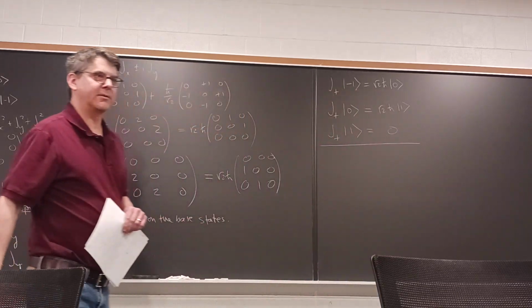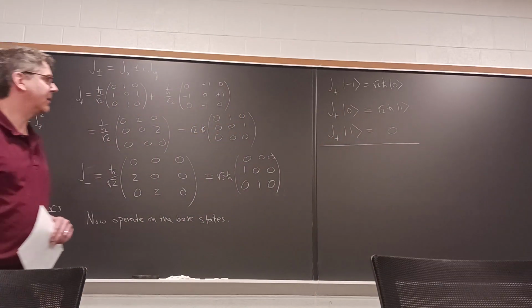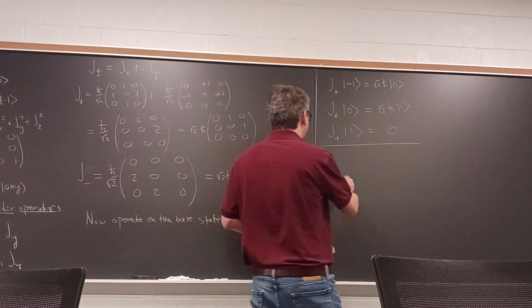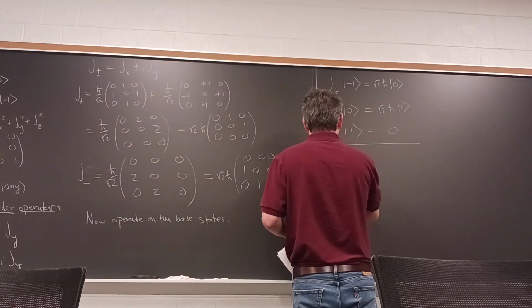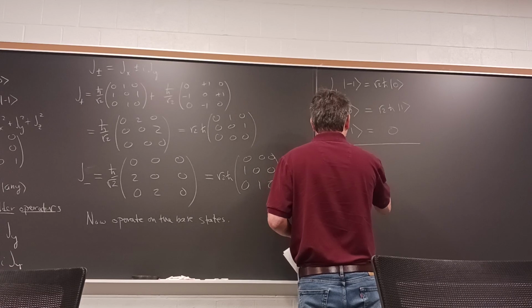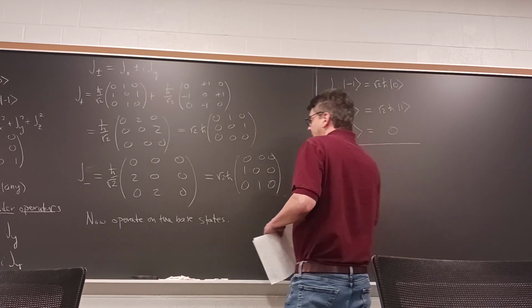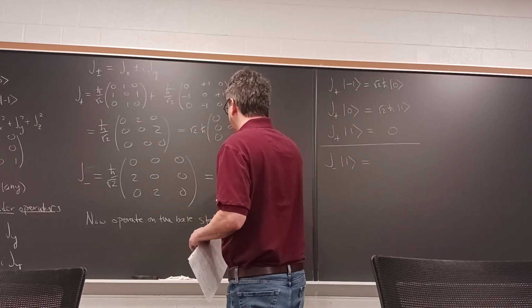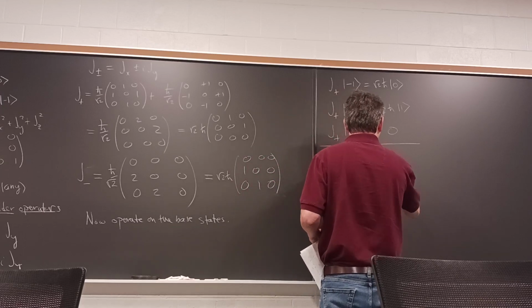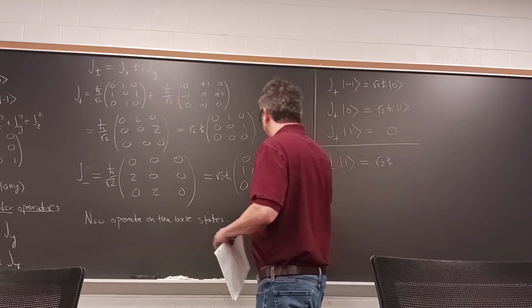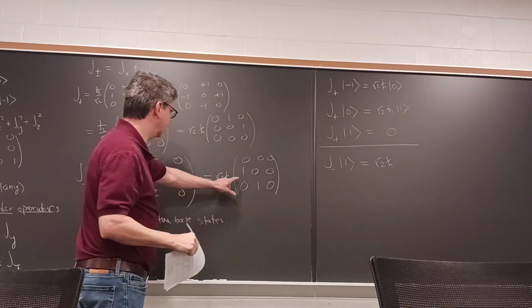Okay, so it brings you up from the bottom to the top. And now we can do the same thing with J minus, and let's start with the top state. Well, that will give you square root 2 h bar. And now we're operating on the top state with this matrix.